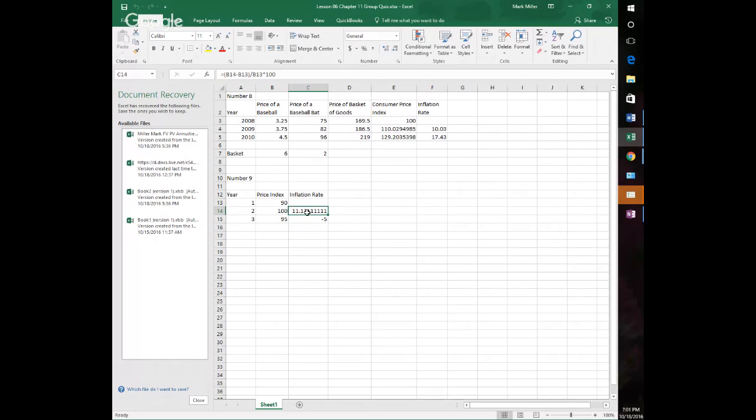So you take the 100 minus 90, then divided by 100, times 100, right? Or divided by 90. 90, you're right. And that's using that inflation formula.